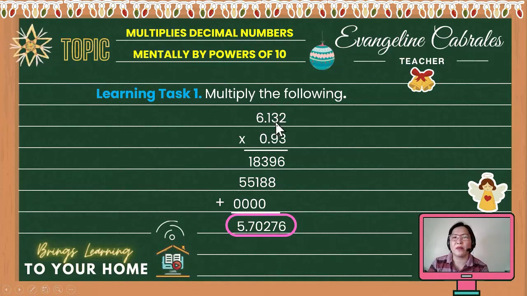How many decimal places here? 3. How many decimal places here? 2. So the decimal places in the product is 5. So, 6 and 132 thousandths times 93 hundredths equals 5 and 70,276 hundredths. That is what you will do for Learning Task 1.